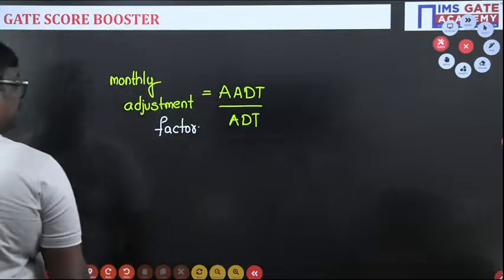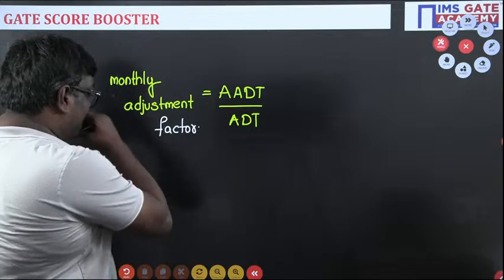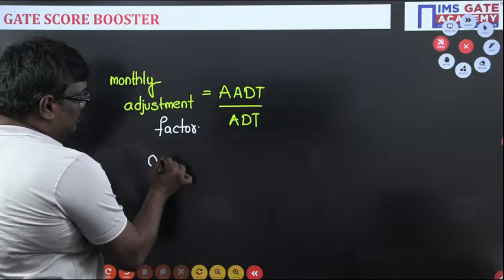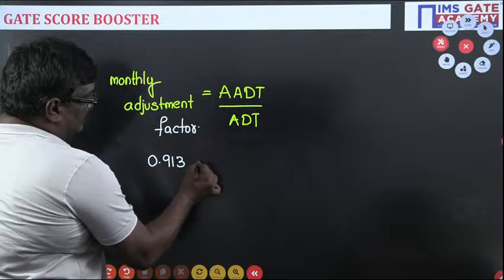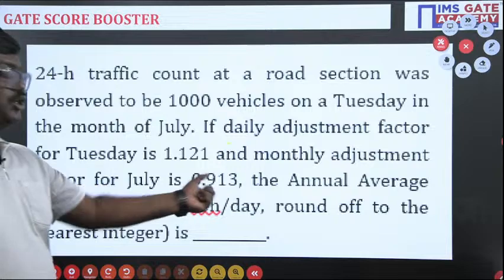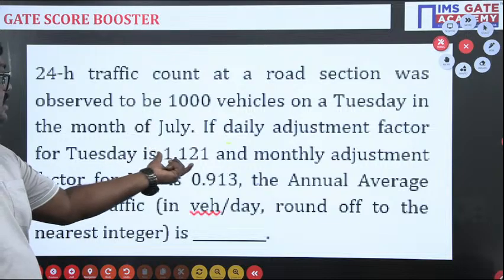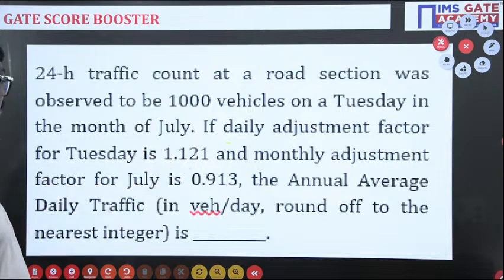Now see students, what is the monthly adjustment factor given in the problem? They have given the value as 0.913. Sorry, the daily adjustment factor is given as 1.121.